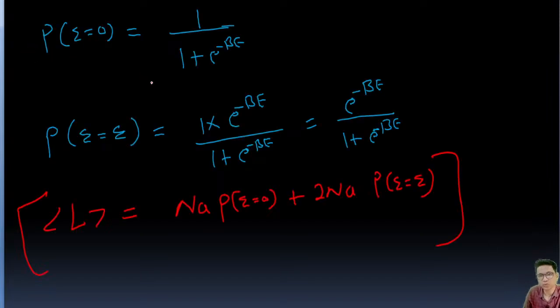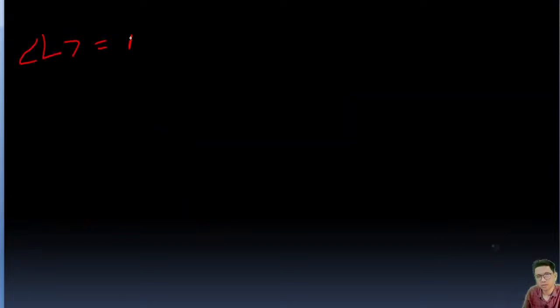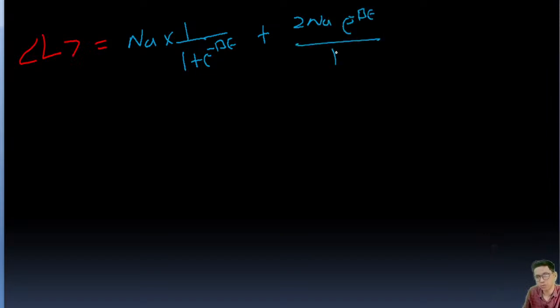So L is going to be NA into P0, which is 1 upon 1 plus e to the power minus beta epsilon, plus 2NA e to the power minus beta epsilon upon 1 plus e to the power minus beta epsilon.